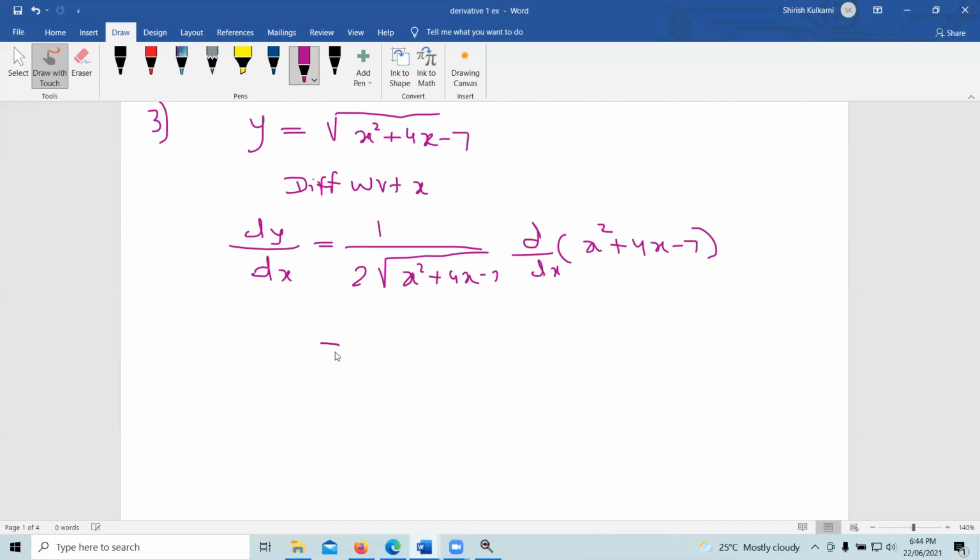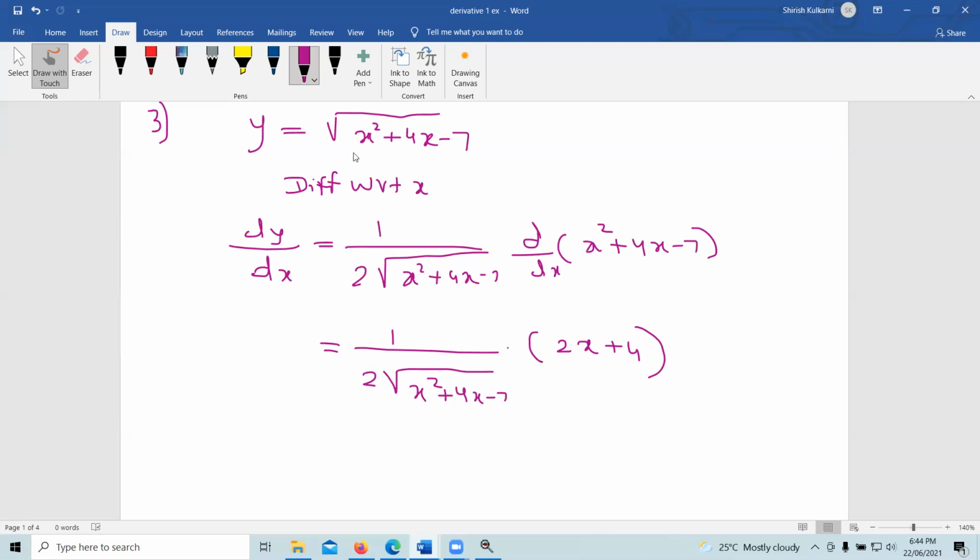Then take the derivative: 1/2 under root of x square plus 4x minus 7, derivative of x square is 2x, derivative of 4x is 4, derivative of 7 constant is 0. This is the derivative of under root of x square plus 4x minus 7.